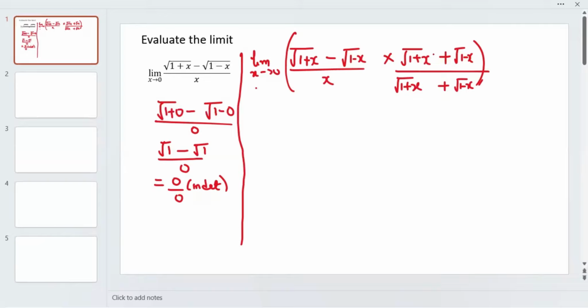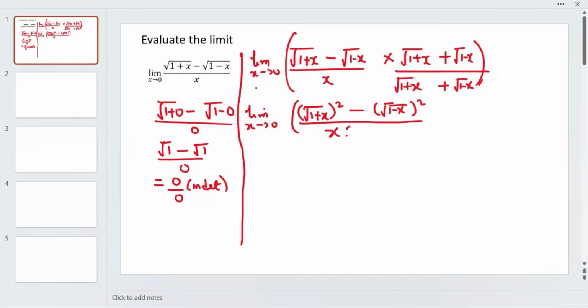So expanding this, we have the limit as x tends to 0 of, I can use the difference of two squares for the numerator. So I have something like (square root of 1 plus x) all squared minus (square root of 1 minus x) all squared, over x into square root of 1 plus x plus square root of 1 minus x.